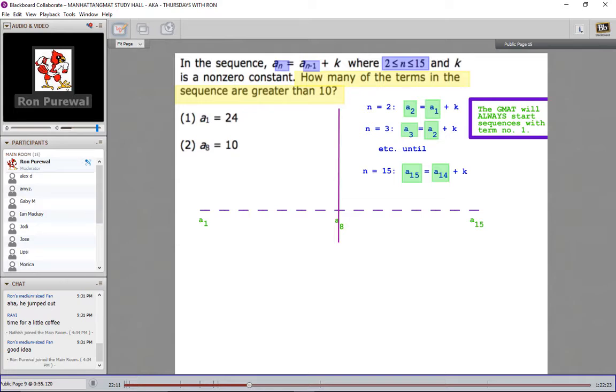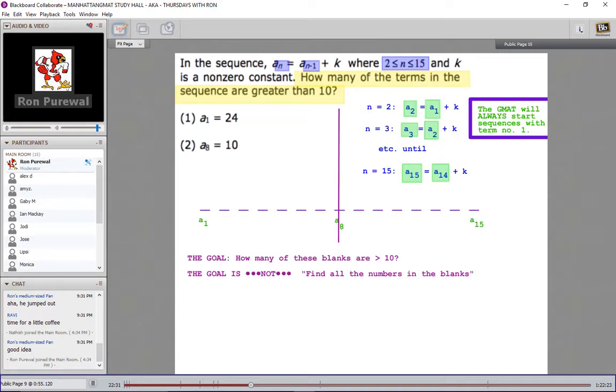Keep that difference in mind. The goal is how many of these blanks are greater than 10. The goal is not to find all the numbers in the blanks.